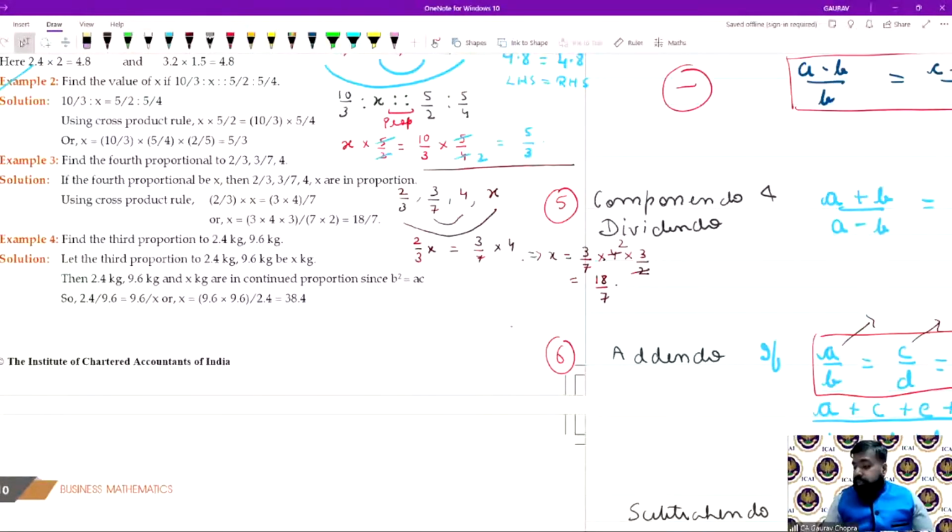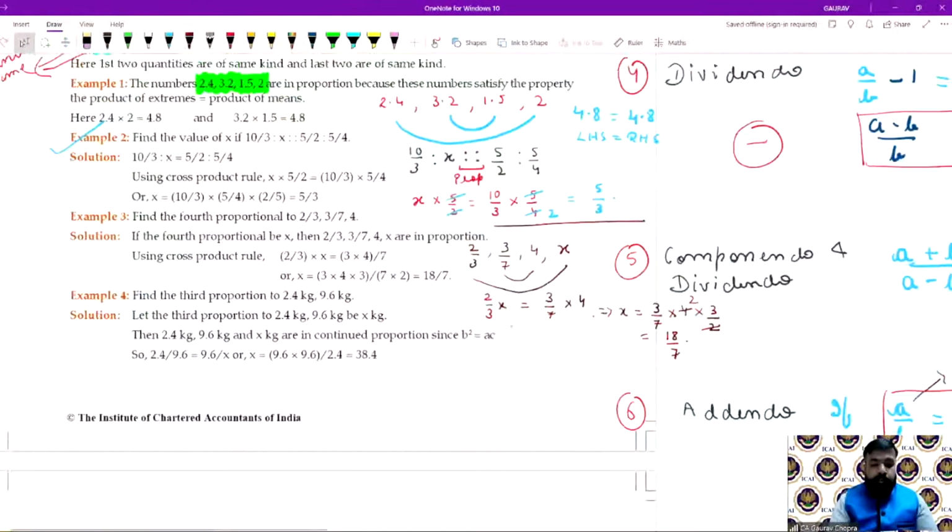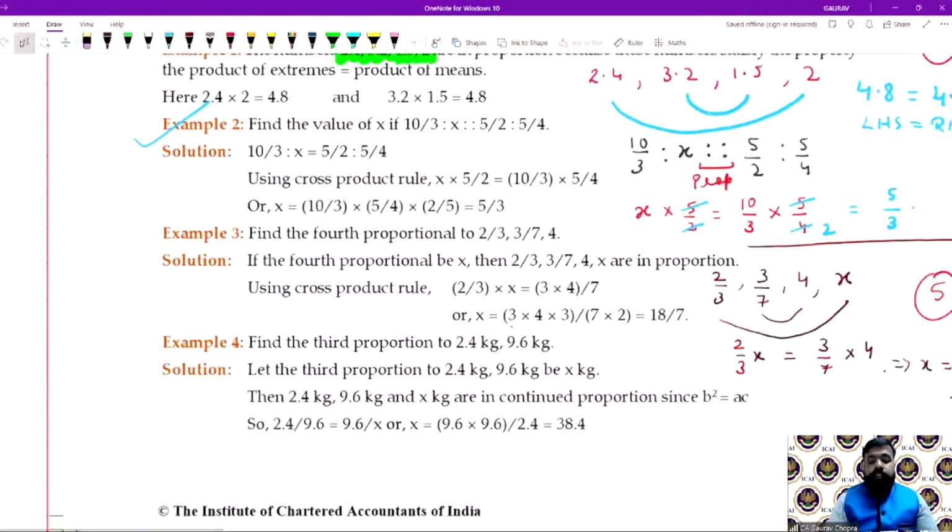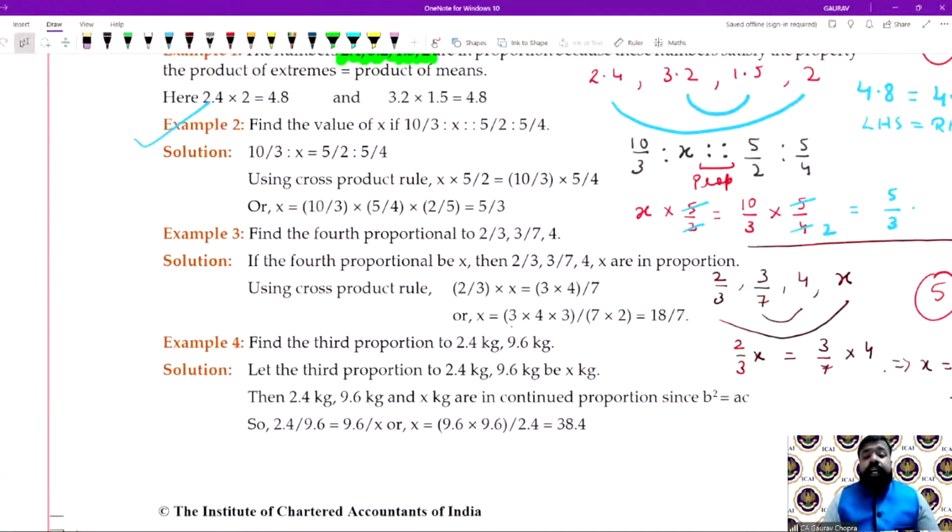Now there is one doubt from Purva Joshi about example number 2. See Purva, in the second, there are 4 values and these values are in proportion. So this is the first ratio, this is the second ratio, and in the middle, this sign is of proportion. Whenever they are in proportion, we have to apply the cross product rule. That means the multiplication of the middle terms is equal to the multiplication of the extreme terms.